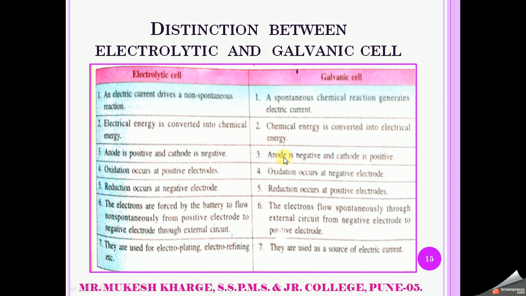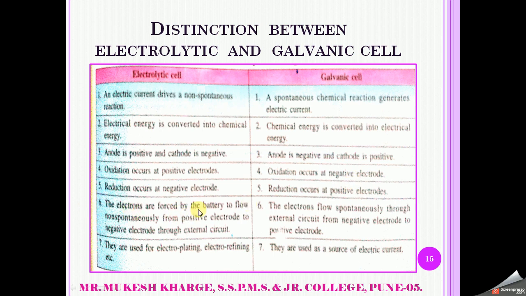Here also oxidation takes place at the anode, so it occurs at the negative electrode because the anode is negative. So don't write the word anode here, write negative if you write the distinction. Then reduction occurs at the negative electrode, the cathode. Here reduction occurs at the positive electrode, which is the cathode. Don't mention the electrode if you write the distinction.